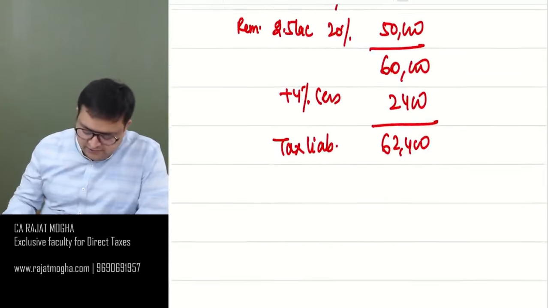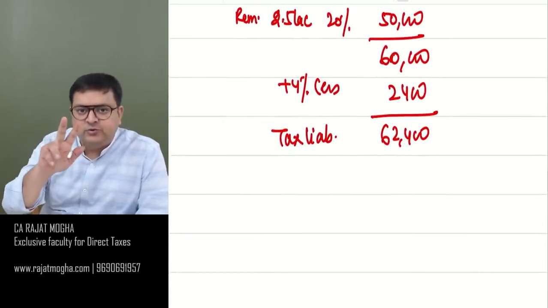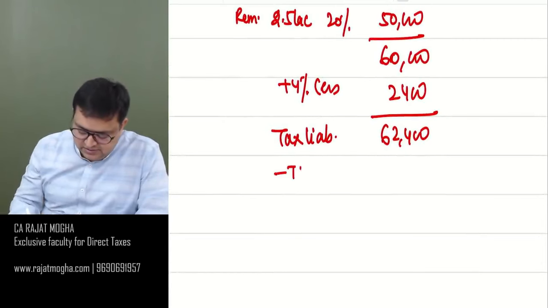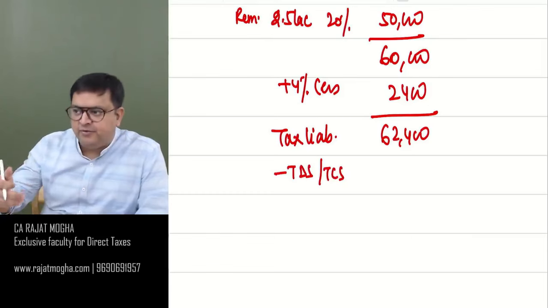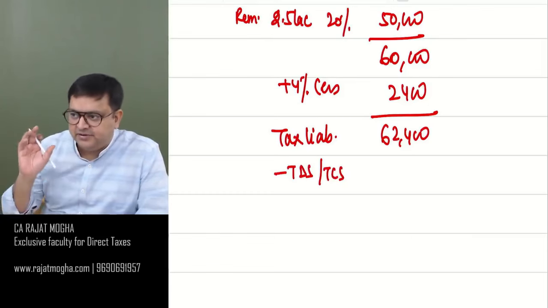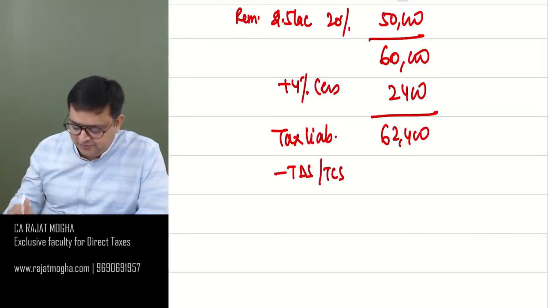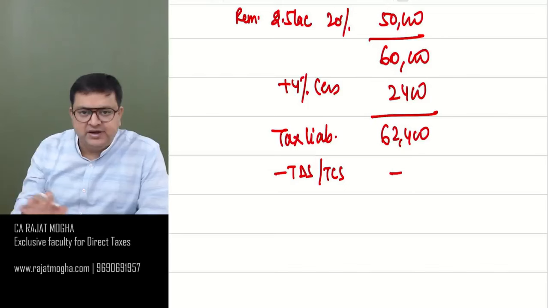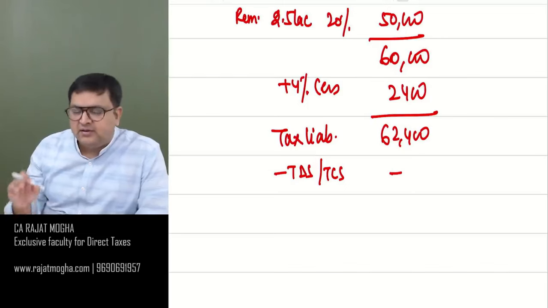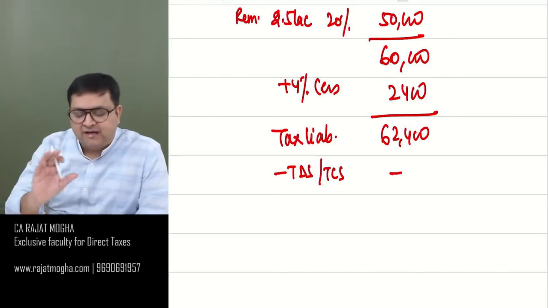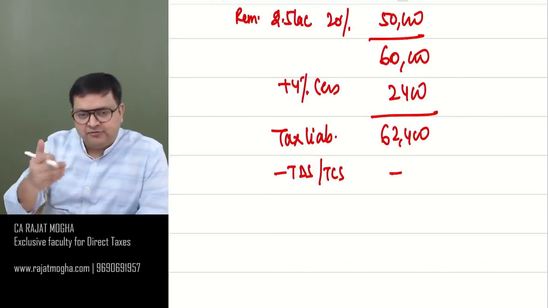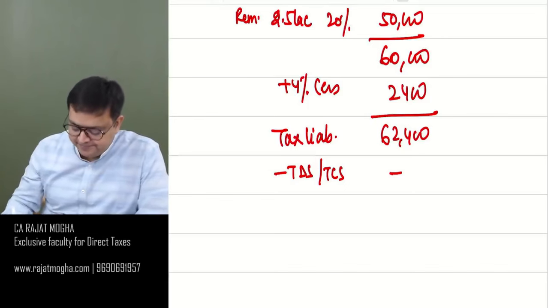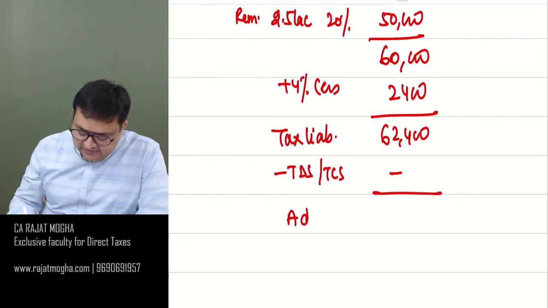Correct? From tax liability, we deduct only two things: TDS or TCS. We don't deduct advance tax, because we are computing our advance tax liability. In this question, no TDS or TCS is given. Advance tax is given, sir? No, I can't deduct advance tax right now. Only TDS, TCS.